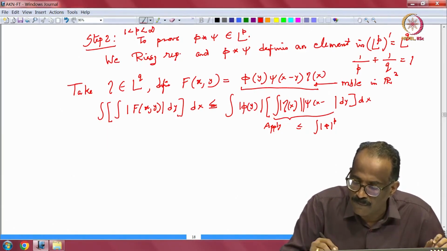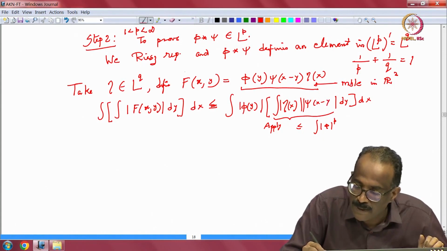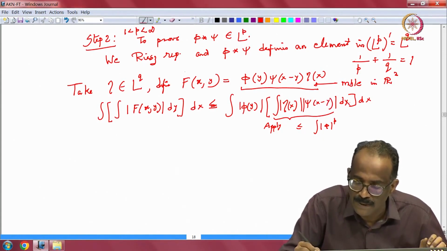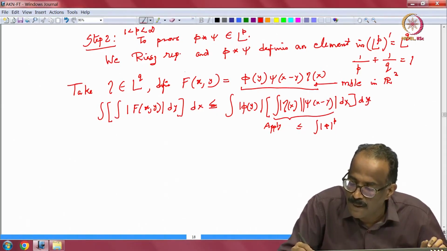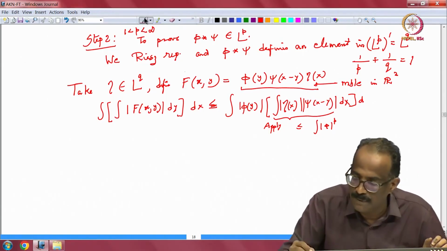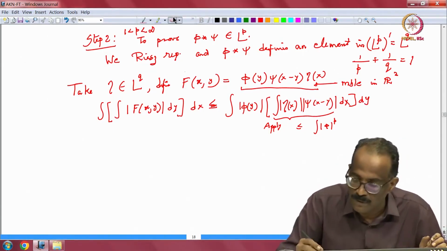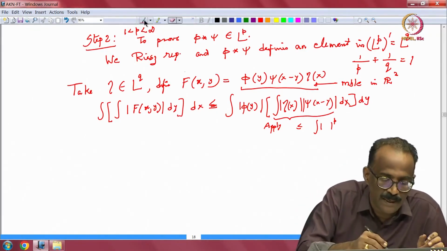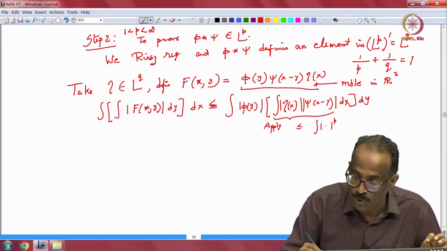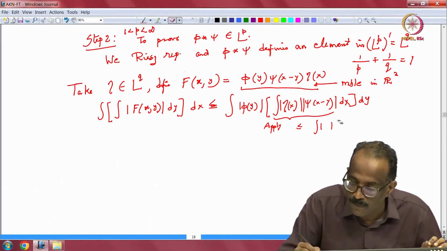So theta of x and psi of x minus y, this will be dx and this will be dy. Now that is correct, so you have to take the parameters correctly. Theta is in LQ.